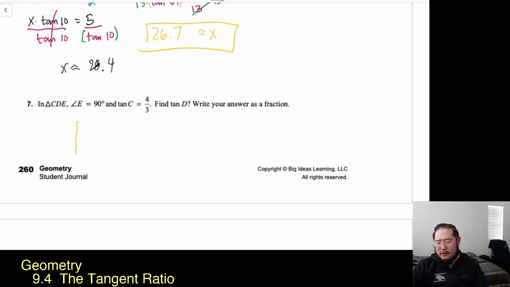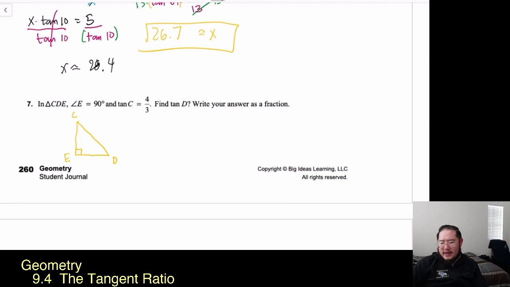And this angle right here is supposed to be angle E, right? It is a right triangle. So up here, that would be C. We have D and E. I put it that way because typically we go clockwise when we write letters from a triangle. So this would probably make the most sense.